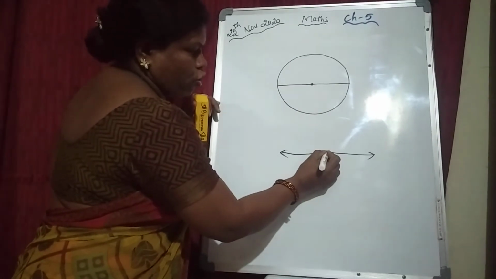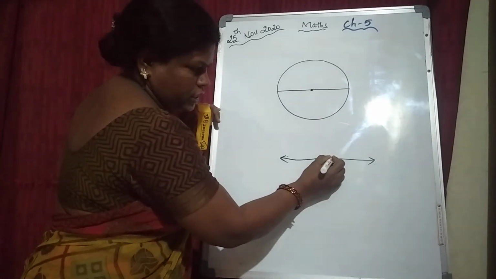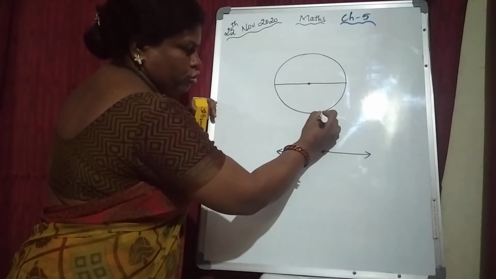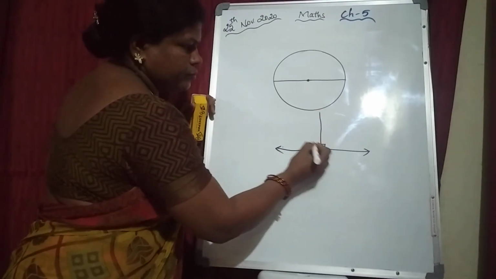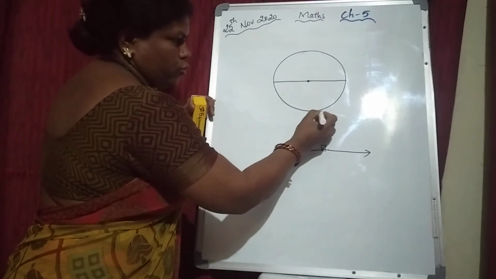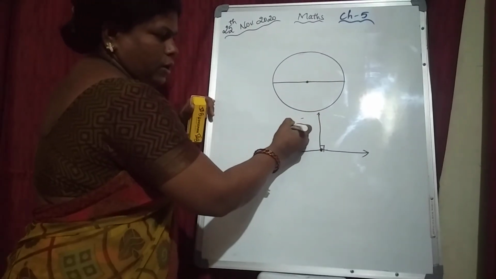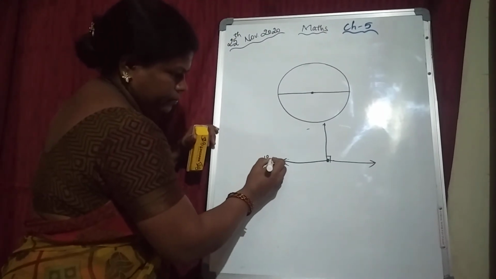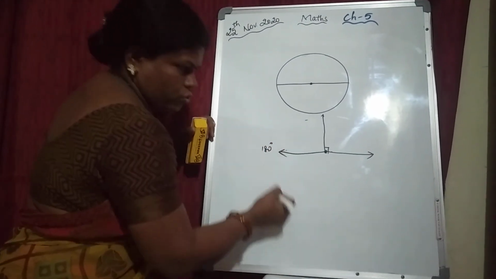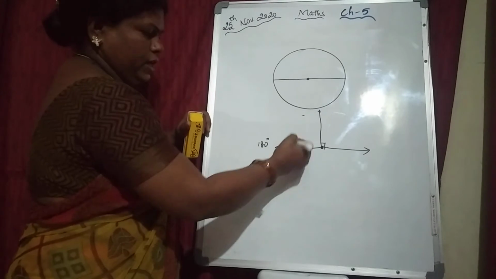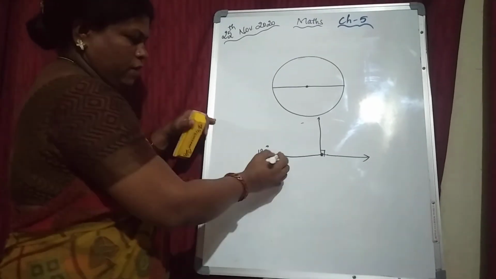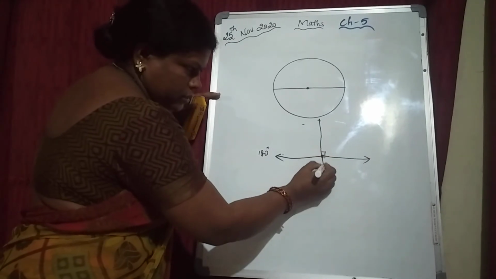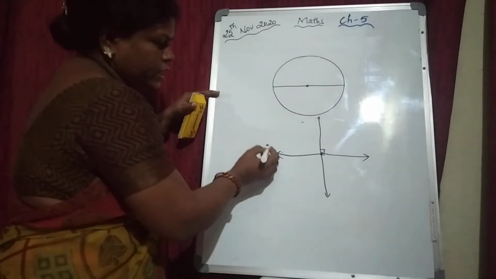Now the angle is formed here. This starts from 0. Here we start from 0, 1, 2, 3, 4. This is 90. This is 91, 92, 93, 100, 120, 130, 140. This is 180. Now if this rotates like this, 180. More than 180 also you have: 181, 182, till here it is 270.